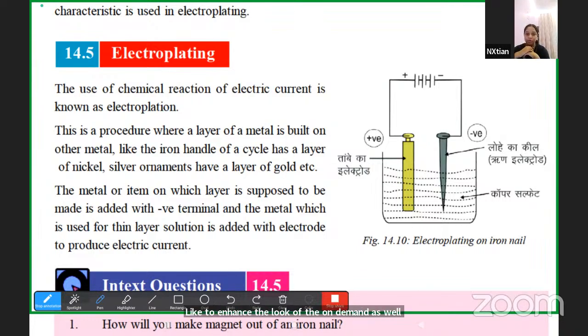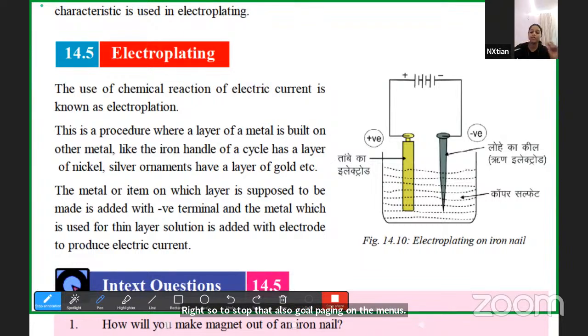Gold plated ornaments are not pure gold, it's just a plating of gold so that it gives the look of a gold ornament. Also it has a longer life, longer duration. It will stop the silver ornament from rusting and corroding, or becoming black, as some metals do. So to stop that also, gold plating on ornaments is done.